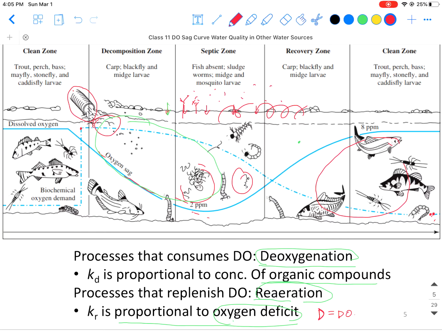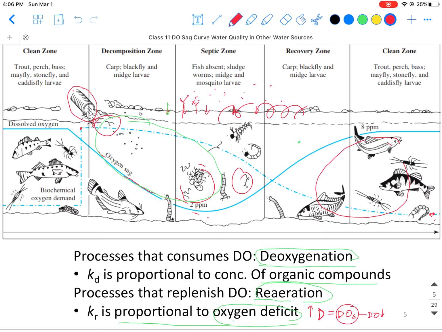It's calculated as the saturated dissolved oxygen concentration minus the current dissolved oxygen concentration. Okay, so we call this parameter the oxygen deficit. It is reversed compared to the dissolved oxygen concentration. So basically, the higher the deficit, the lower the dissolved oxygen concentration, right? We can also find that the highest oxygen deficit is going to be equal to the saturated dissolved oxygen concentration, which is around 9 milligram per liter.